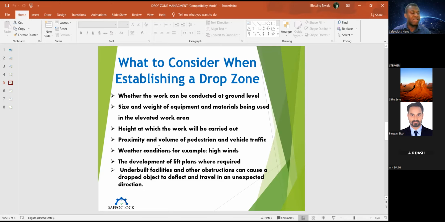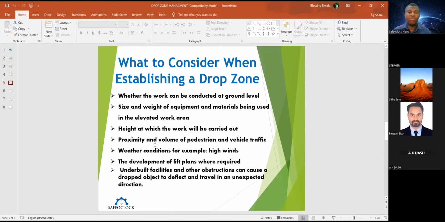If it's near a general public area, how many pedestrians could cross that area at every point in time? If it's near a high traffic area, how many vehicles could be crossing in that area? So these are conditions that we should consider before establishing a drop zone.